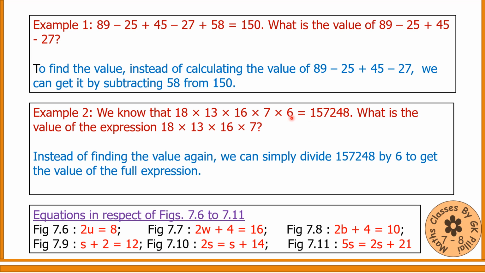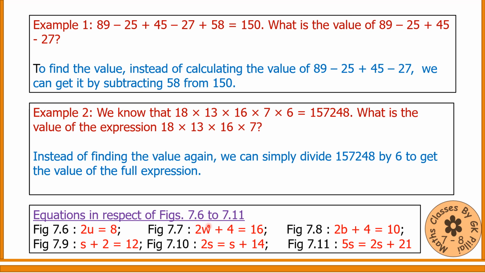Let me tell you one more thing. In the initial part of the chapter in the textbook, there are some figures where unknown weights are on one side and in some figures on both the sides.